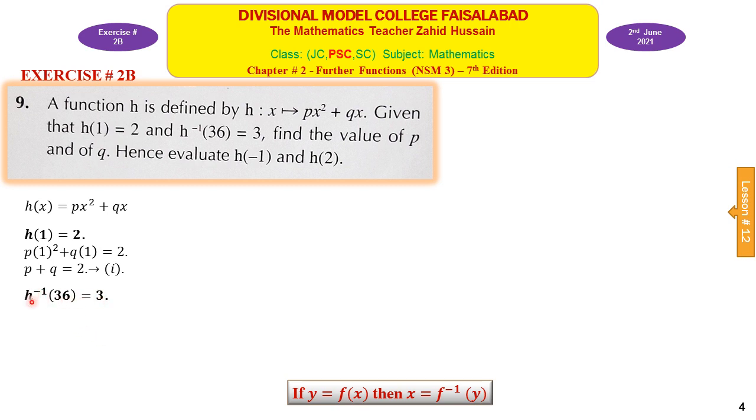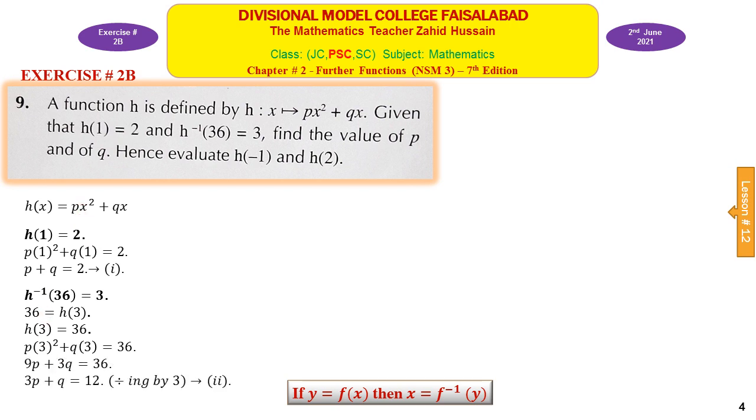So bringing this h inverse from left hand side to right hand side, we will get 36 is equal to h of 3. That is the value of the function at x is equal to 3. Put x is equal to 3 in the right hand side of the function, we get another equation. Simplifying, we get the simplified form of the equation, which is 3p plus q is equal to 12.